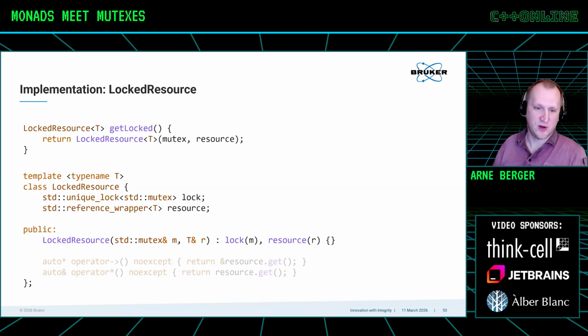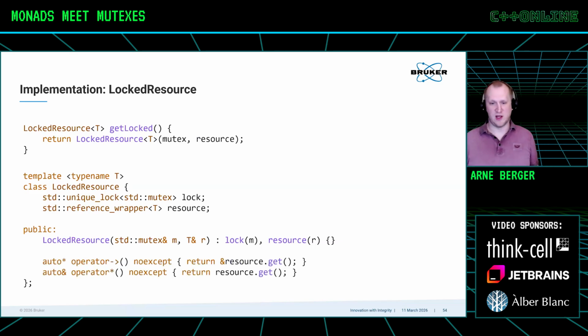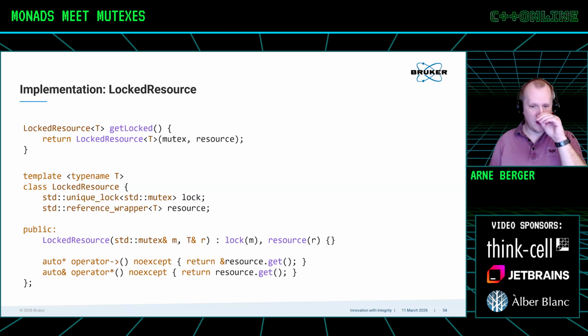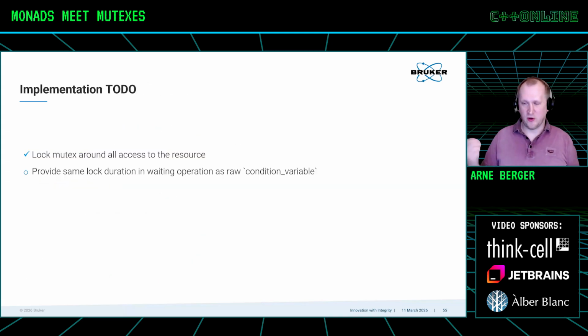So it stores a reference to that thing. And then it has these access functions via the arrow operator and the star operator here to access it, to modify it, and to work with it. So far all quite straightforward, I would say. So we can check that off. The implementation was fine.